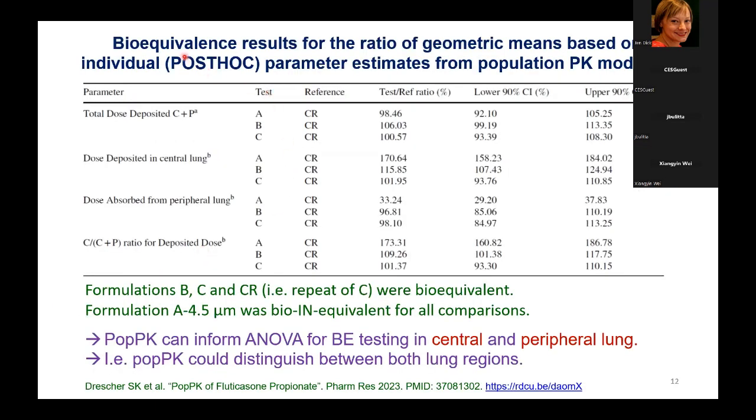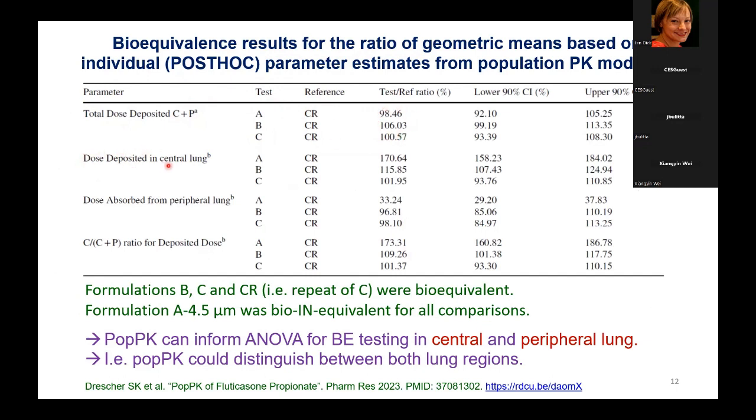Now, how do we implement the population PK results into the bioequivalence testing for pulmonary drug deposition? This is done at the individual subject level parameter estimates, the so-called post-hoc estimates, where we compare the total dose deposited in both the central plus the peripheral parts of the lung, with 3 formulations, each compared to CR, being bioequivalent with point estimates close to 100%.